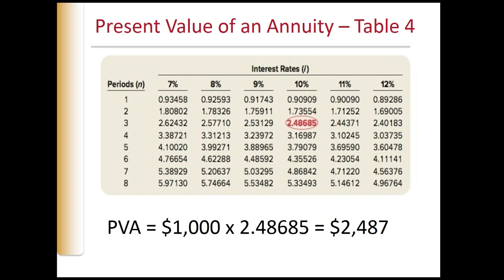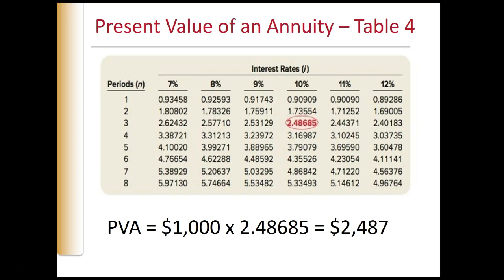So instead of calculating the present value of each annuity payment, a more efficient method is to use the time value of money tables shown on this slide. This is Table 4 in your book. We calculate the present value of an annuity by multiplying the annuity payment by the factor corresponding to 3 periods and a 10% interest rate. So you see, we go to the factor where it lines up 10% interest rate for 3 periods.